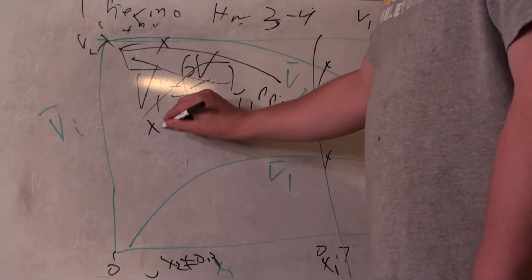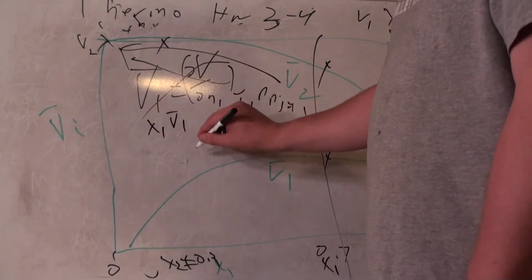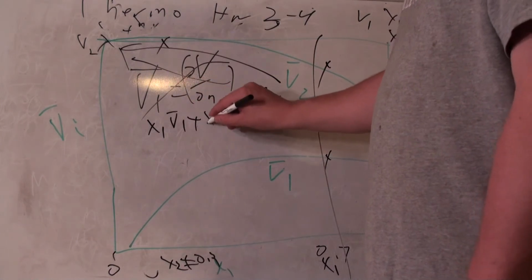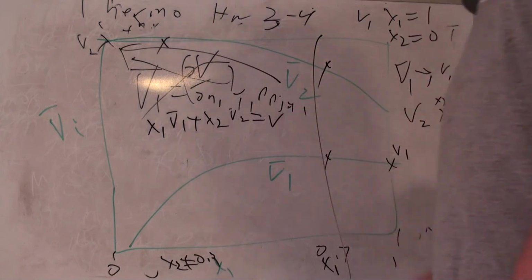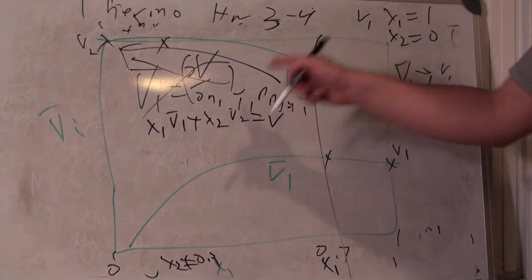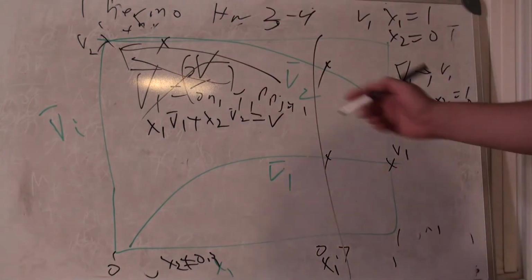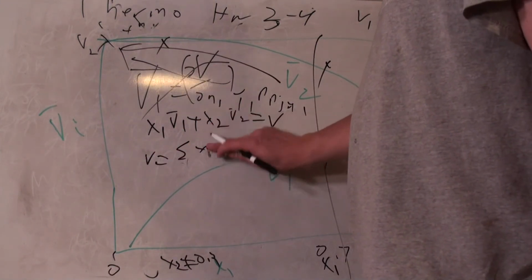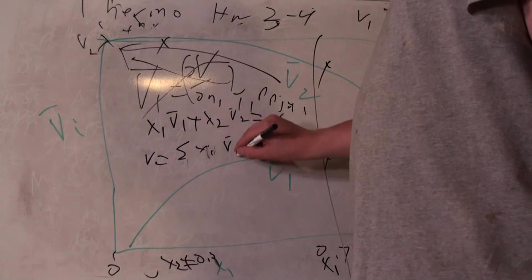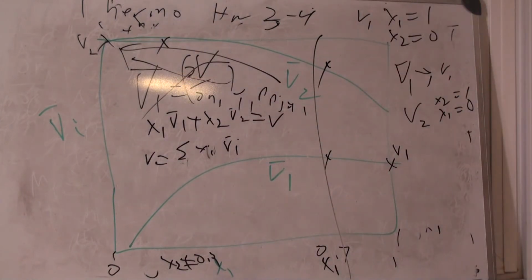I have a contribution from component 1. I add that to the contribution of component 2, and I have the volume. And if I read it in words, that's what that says. And my generic equation is just that little v is equal to the summation of xi partial molar vi.